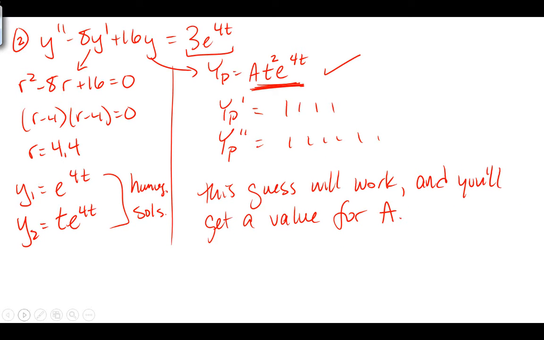So while it does work and gets us the answer to some slightly new problems, I'm still handcuffed by the idea that unless it is one of those things in the chart, and unless my left-hand side just has numbers A, B, and C in front of the y double prime, y prime, and y term, I wouldn't know how to do it in any other situation.